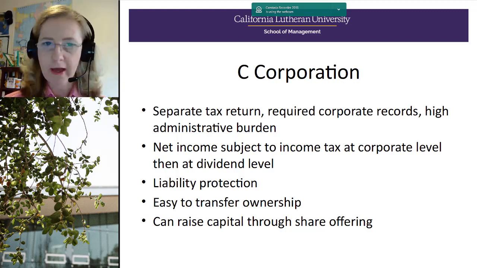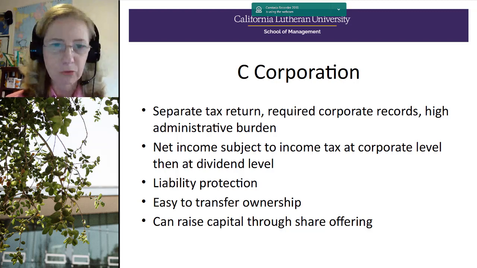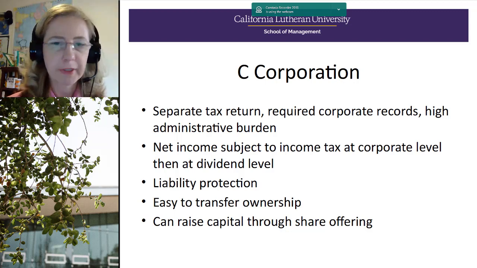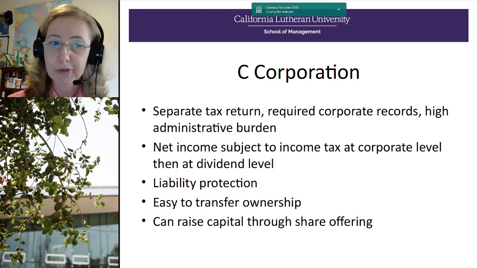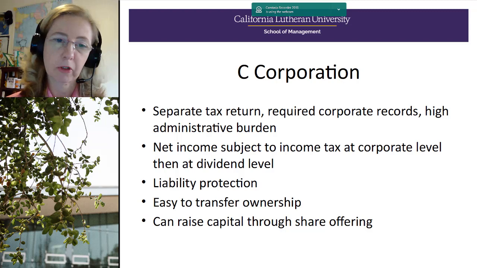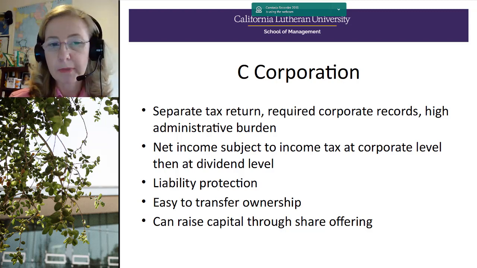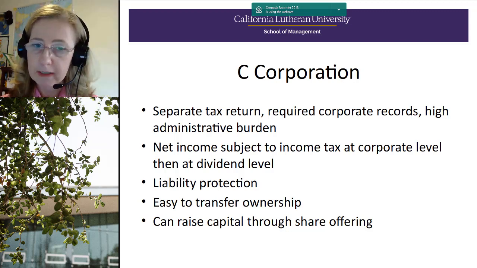But no one has ever been called to pay a judgment against Enron, against the oil companies when they have issues, against the car companies when they have issues. So the C Corporation absolutely offers the highest level of liability protection. The ability to grow the business comes at the expense of double taxation.